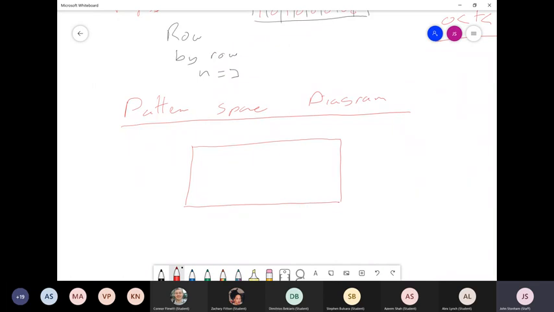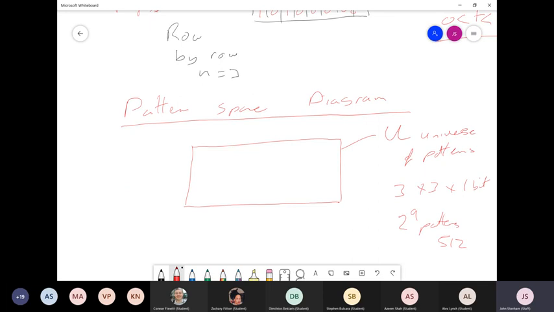This is a Venn diagram, if you like. This is the universe of patterns. And for a 3 by 3 by 1 bits per pixel, there is going to be 2 to the 9 patterns. So that is 512 points in this space.